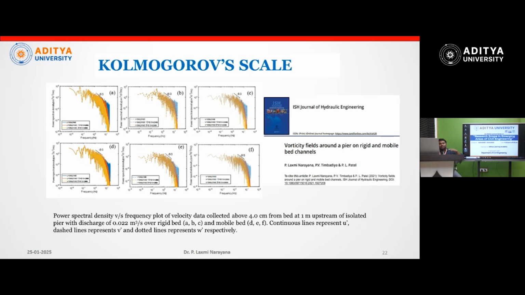Energy is created, maintained, and dissipated. Energy production is okay. In the inertial subrange, the data should have the slope of -5/3. So this is the validation for our open channel flow velocity data collected with ADV.